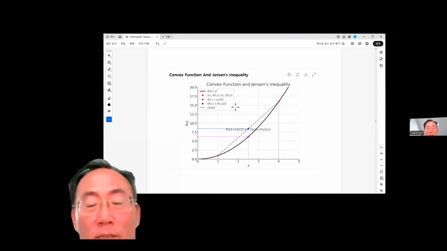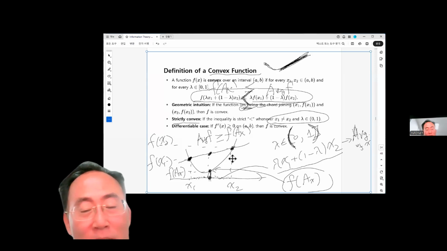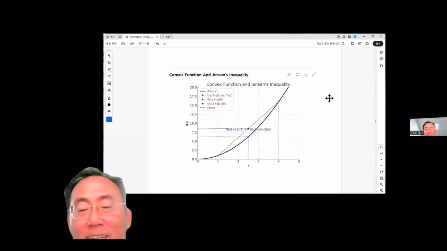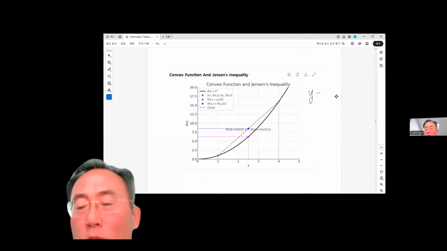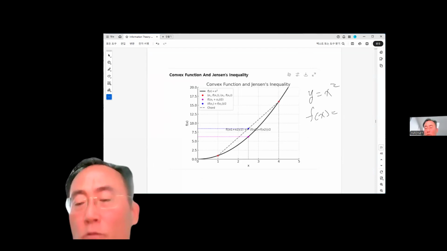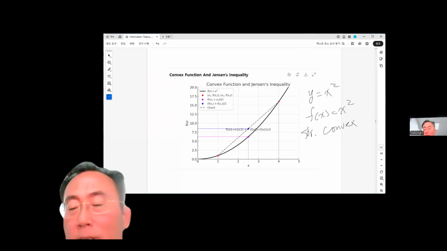And then with the drawing, more careful one, but this one is more intuitive, very quick, right? And one of the examples of a convex function is what? Y is equal to x squared, or f of x is equal to x squared. That is a strictly convex case, okay?